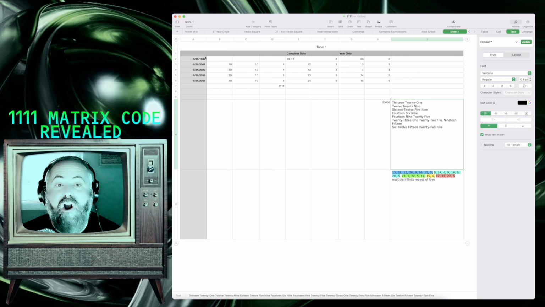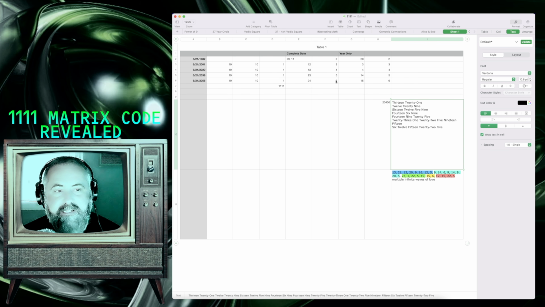Now that's from taking all of the numbers in the dates and adding them together. But look what happens when you take just the numbers in the year. 1982, you add all that together, you get 20, which reduces to 2. 2001, you get 3. 2020, you have 2 and 2, which becomes 4. 2039, you get 14, which is 5.